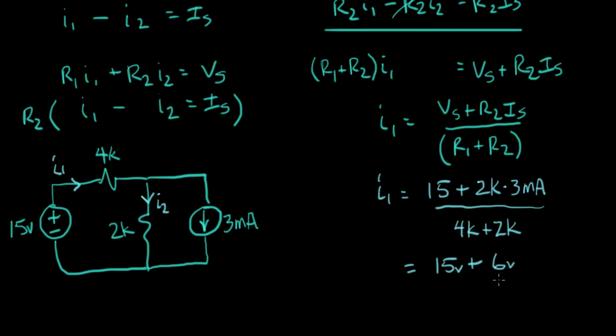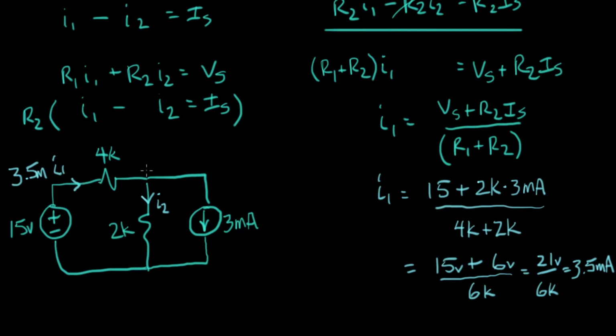This is volts. And that's divided by 4 plus 6K, equals 21 volts over 6K, equals 3.5 milliamps. So that's this value right here, 3.5 milliamps is I1.